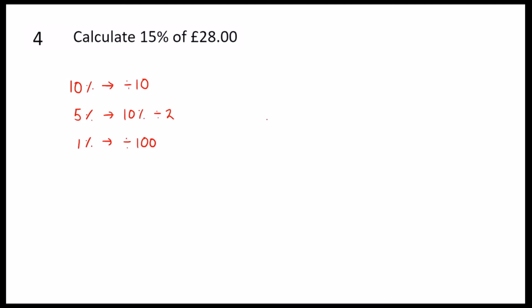at the moment. So our question is asking us to work out 15% of £28. I'm going to start off by working out what 10% and 5% of £28 is.